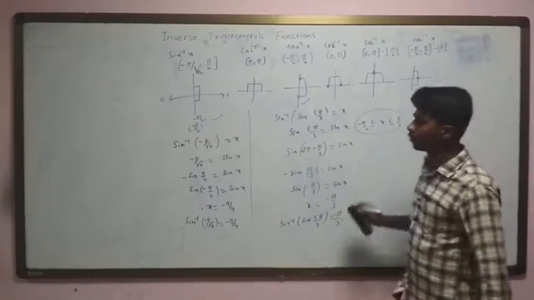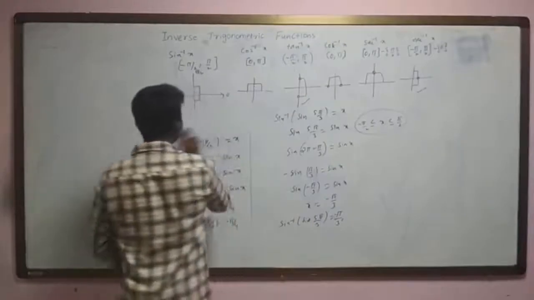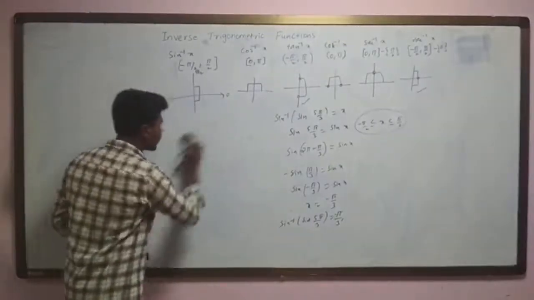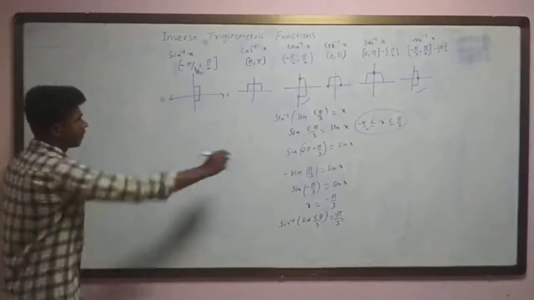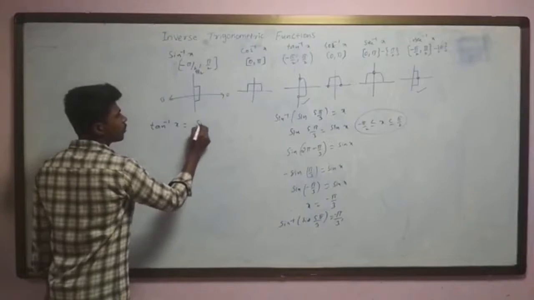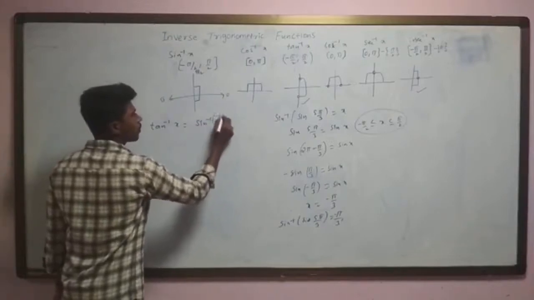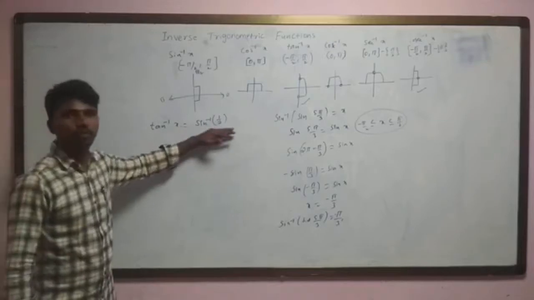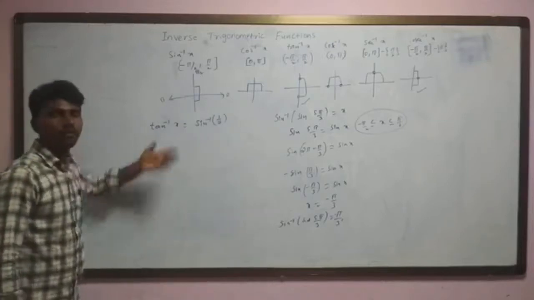One more problem. If I go to the other one, which is given as tan inverse x equal to sin inverse of 1 by 2. We have to find the value of x.